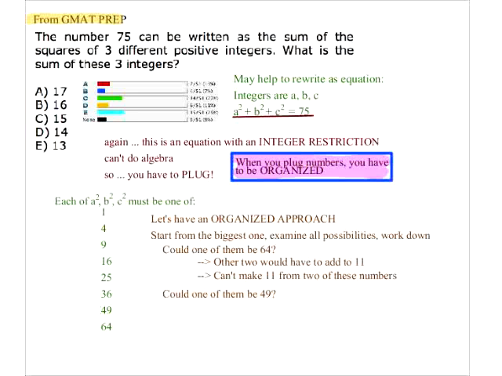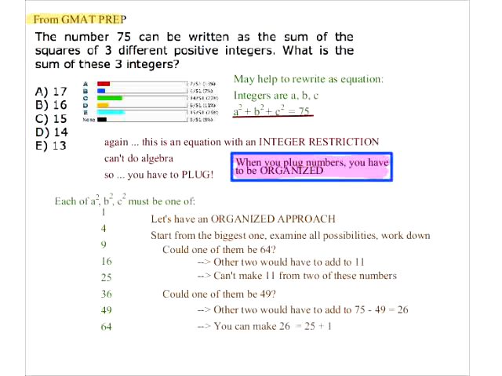That would mean that your other two would have to add up to 75, take away 49, subtract 50, add back 1, you get 26. You can make 26. That's 25 plus 1.